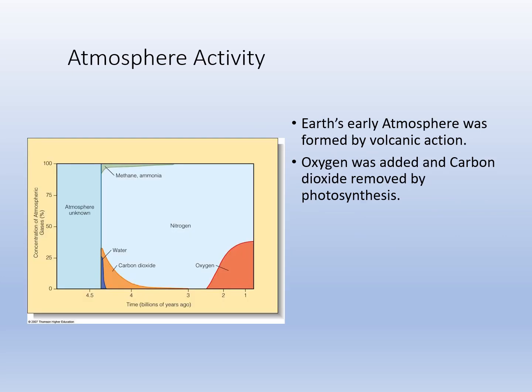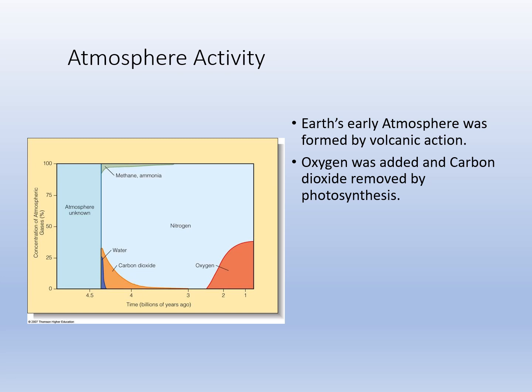This graph shows you the makeup of the atmosphere according to the rock record. And you can see about 2.5 billion years ago, we have measurable oxygen. But we see traces of oxygen all the way back to 3.5 billion years. These traces are near the earliest fossils, and they're just bands of oxidized minerals.